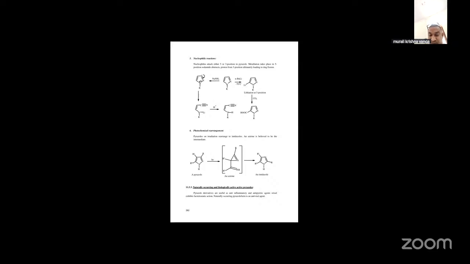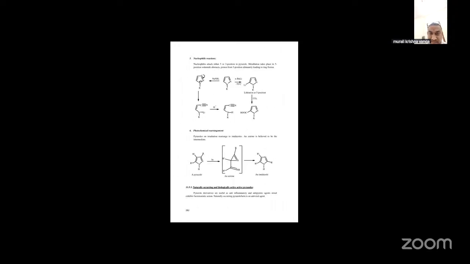Metallation takes place at the third position. When metal reacts with the third position, the base of the metal reacts with the third position, followed by opening of the ring.